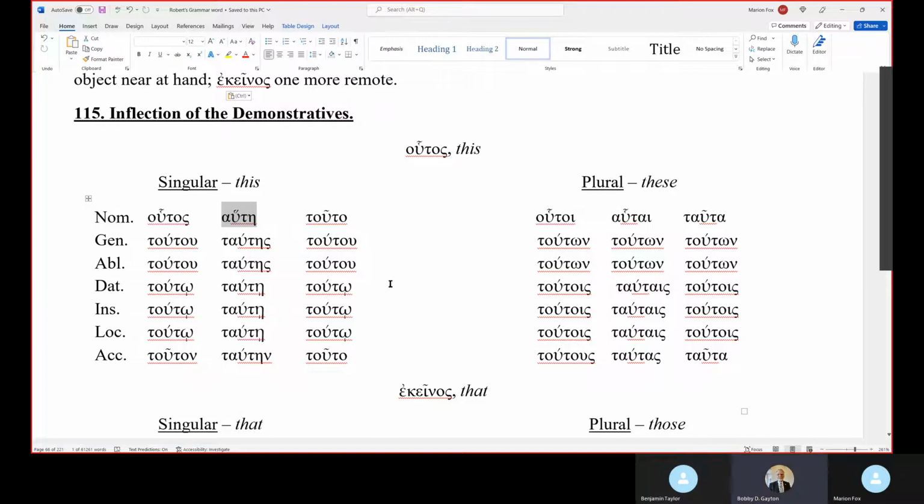Being saved is a perfect middle passive participle. It's masculine, so in that case it wouldn't be referring to that participle. The participle is masculine because the people being talked to are masculine.